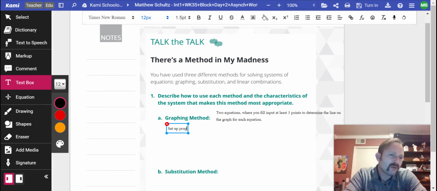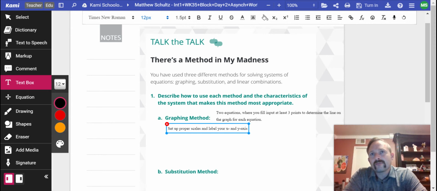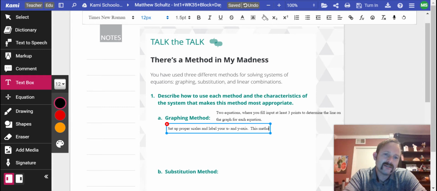So what else? You're going to have to set up proper scales and label your X and Y axis. And then, this method is only good if the numbers line up.